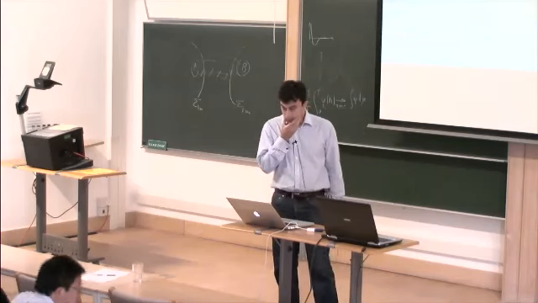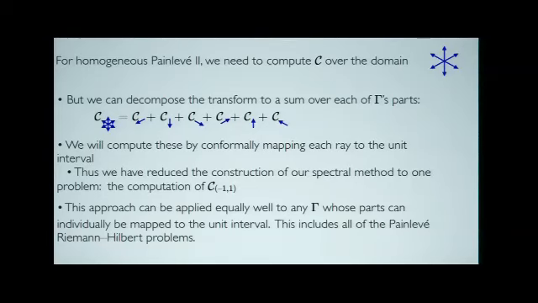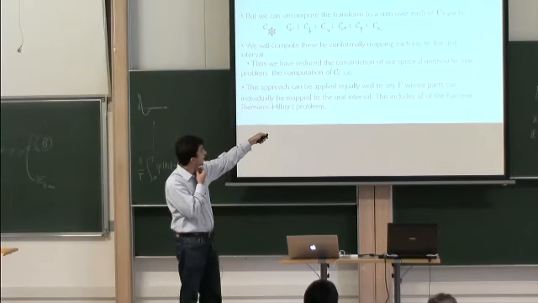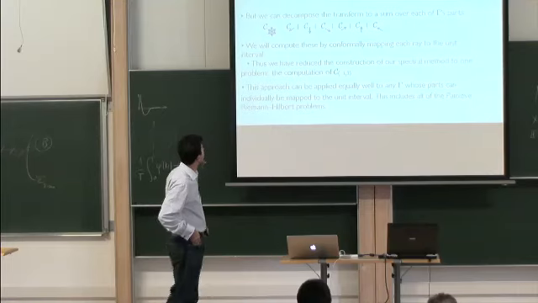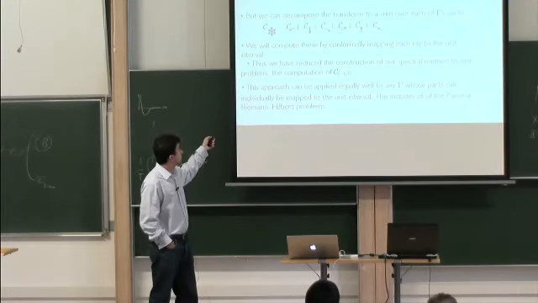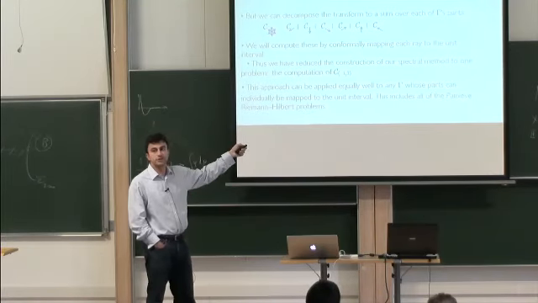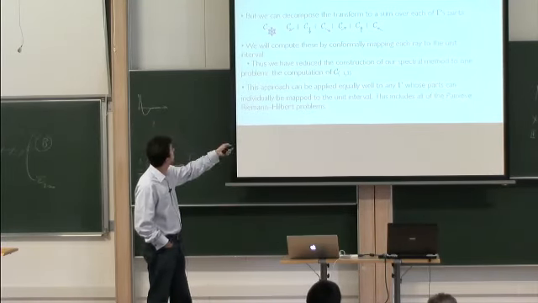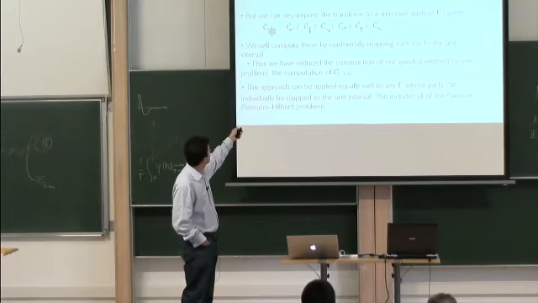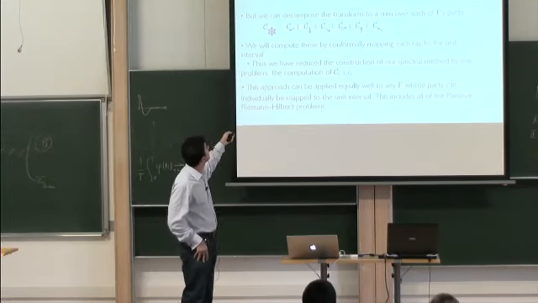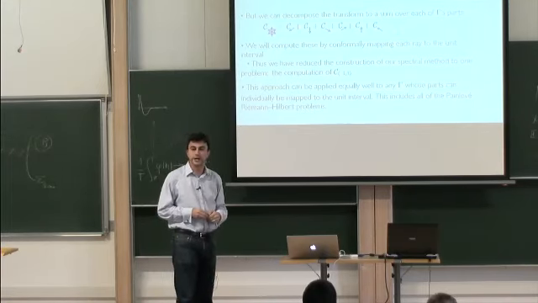Okay. So we've reduced basically everything to the problem of computing the Cauchy transform. So we want to compute the Cauchy transform over a domain, this 6-star domain. It's an integral transform, so we can decompose it into its individual parts. And so we're left with the problem of only computing the Cauchy transform over a single ray.